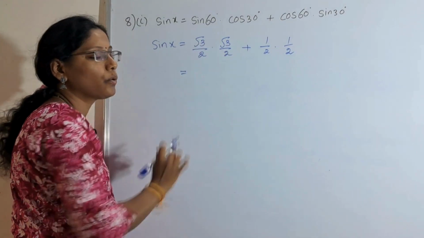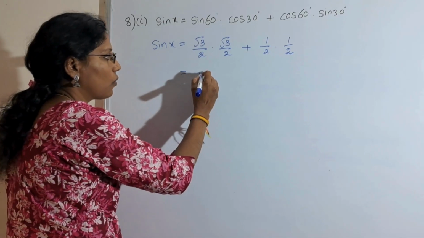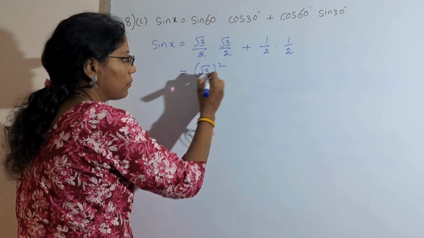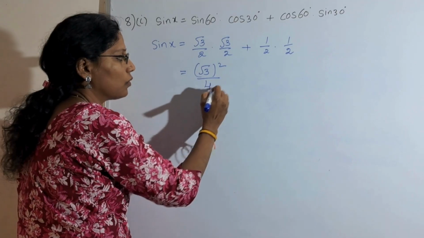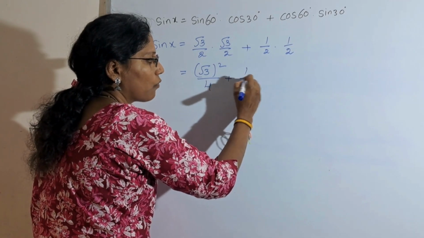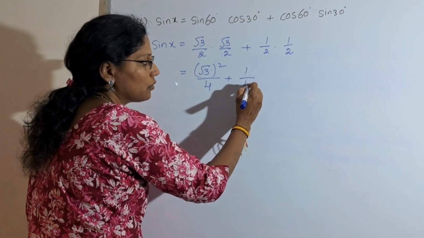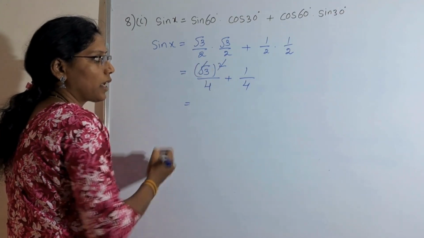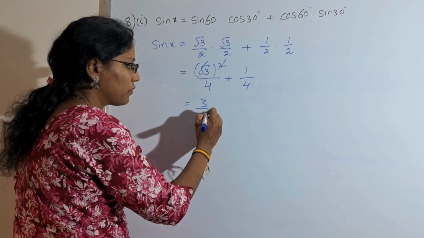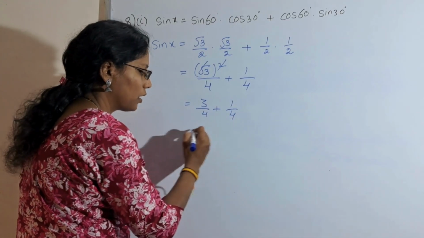Here the numerator is root 3 into root 3, whole square, by 2 into 2, which is 4, plus 1 into 1, 1 by 2 into 2, 4. The square root cancels, remaining 3 by 4 plus 1 by 4.